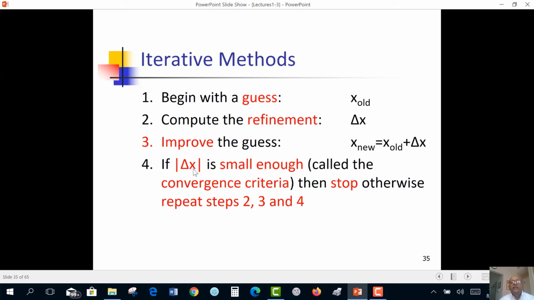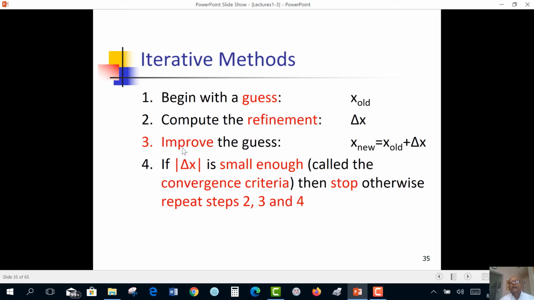If the refinement is very, very small, that means we are not improving the new value much from the old value, which is what we call the convergence criteria. Then we stop and say, this is a good enough approximation to our answer. Otherwise, we keep repeating steps 2, 3, and 4.